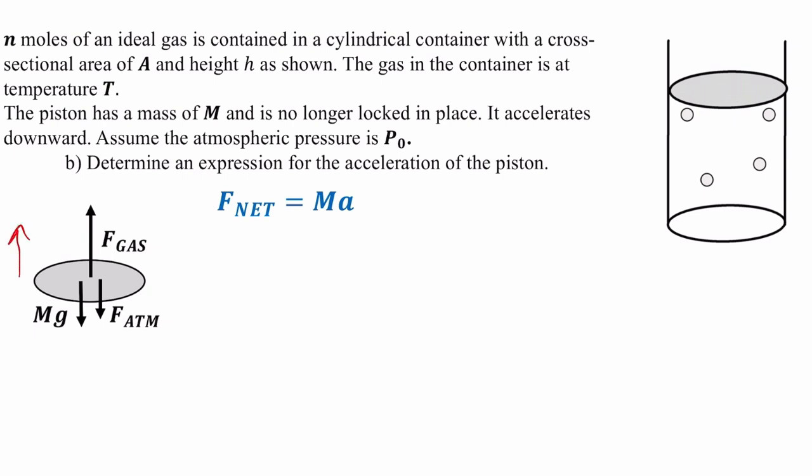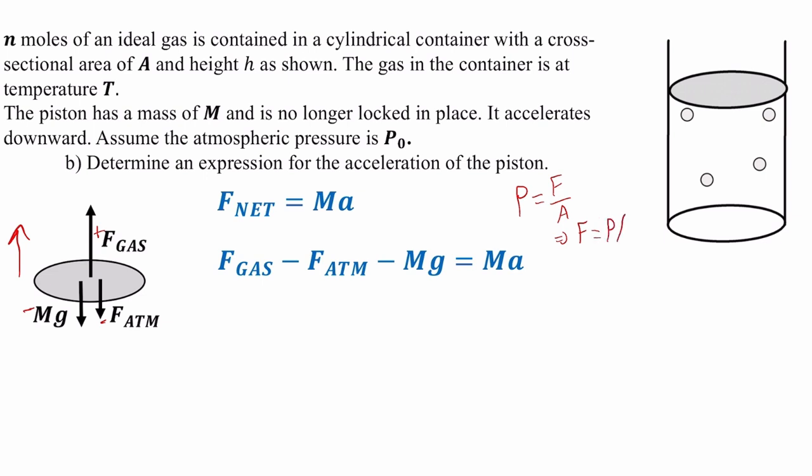So that makes the force of the gas, which is in the direction of motion, positive, while gravity and atmospheric force, which both act against the direction of motion, are negative forces. So that's given the sum of the forces. Now, since pressure is force over area, the force, both for the gas and for the atmosphere, is pressure times area.